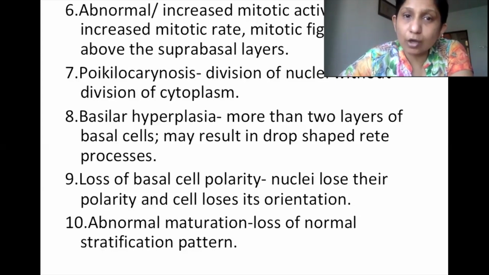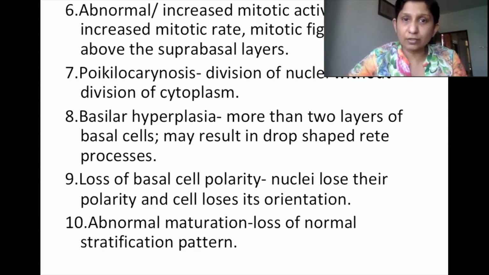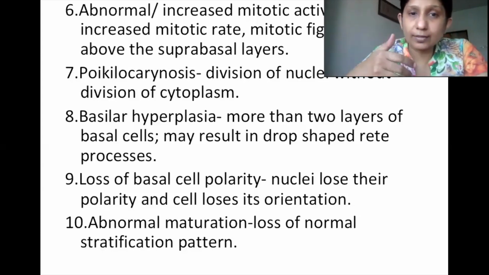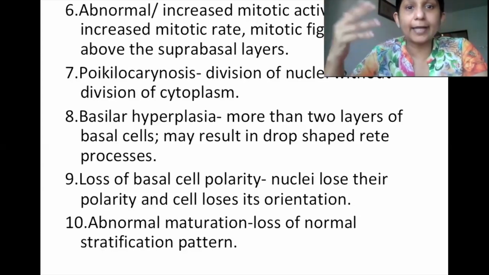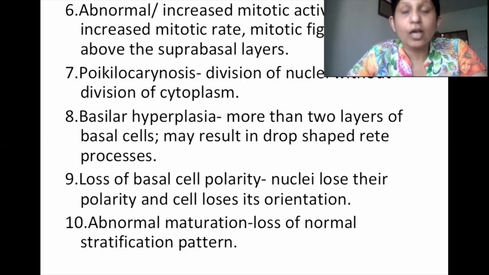Now, the next is loss of cellular polarity in the basal cells. We all know that every cell has a certain axis, a longitudinal axis. Whatever the axis of the basal cell is, your cell will divide in the direction of that particular axis. Sometimes there is loss of this axial arrangement.